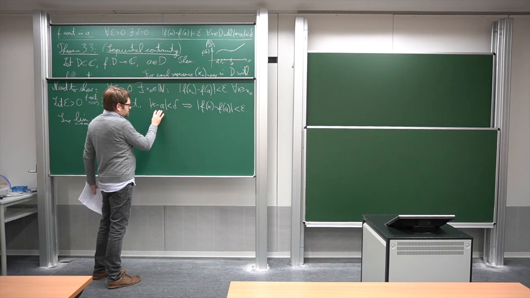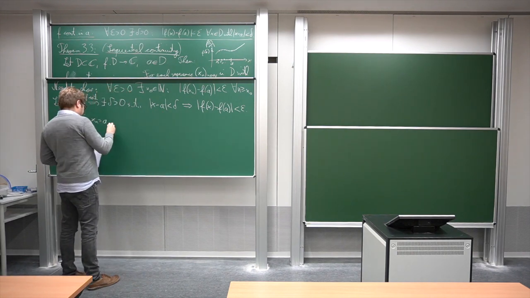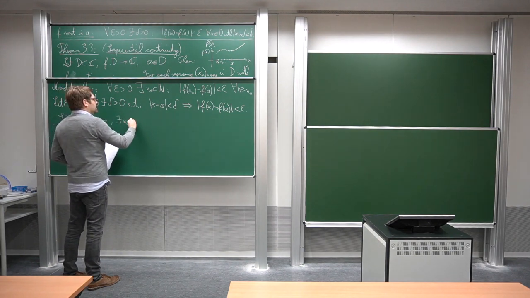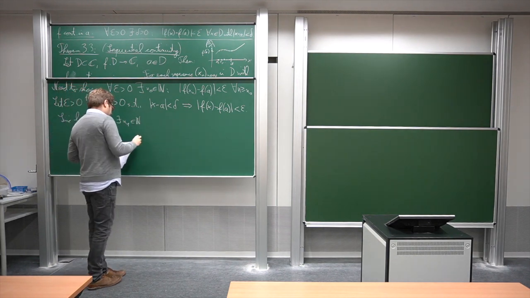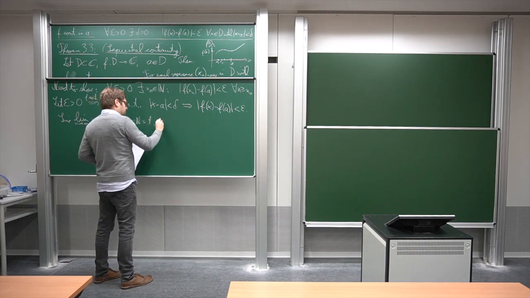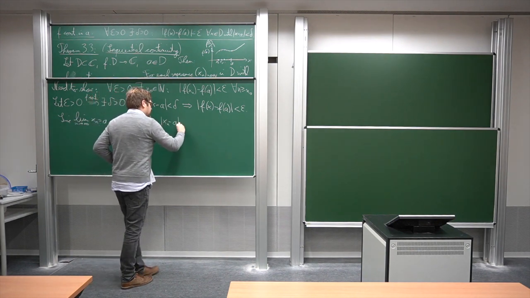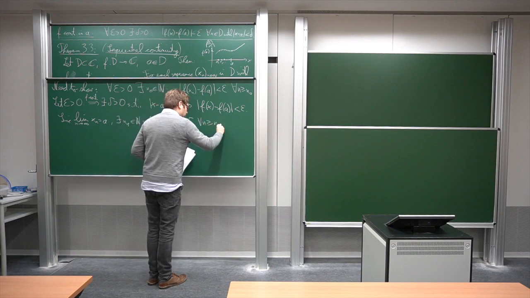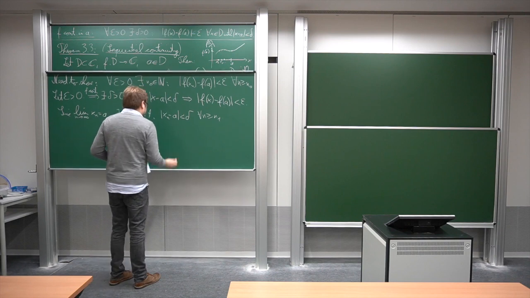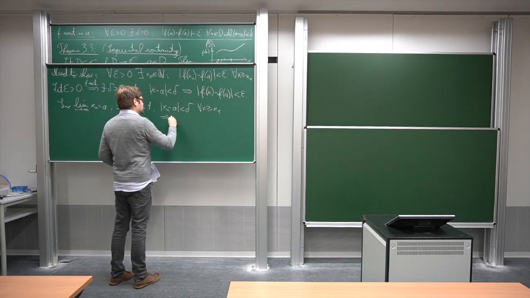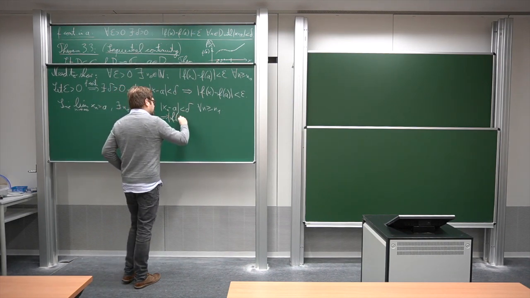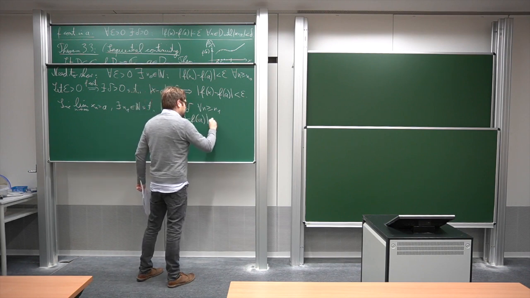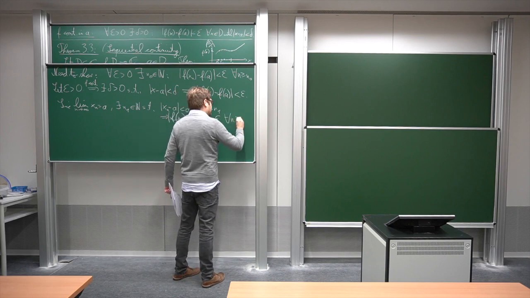Since this is the case, there exists an n, let's call it n1 in N, not to confuse it with the other one, such that the absolute value of xn minus a is smaller than delta for all n bigger than or equal to n1. But this means, by this criterion, that the absolute value of f of xn minus f of a is smaller than epsilon for all n bigger than or equal to n1.